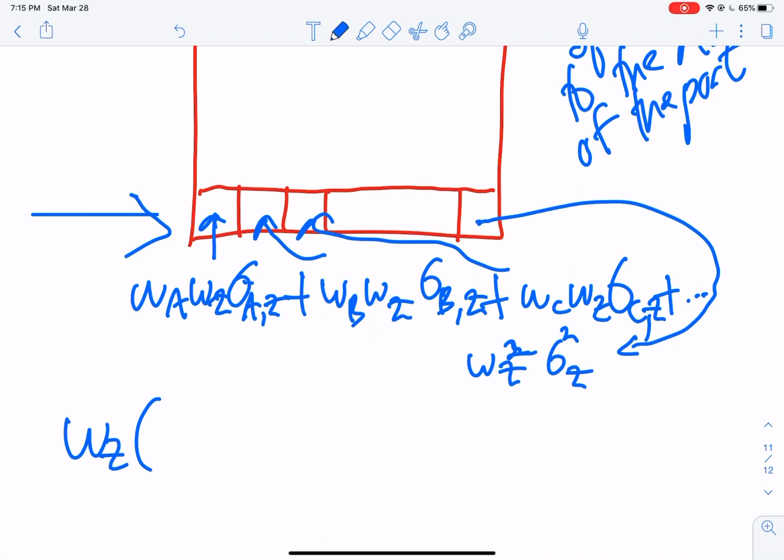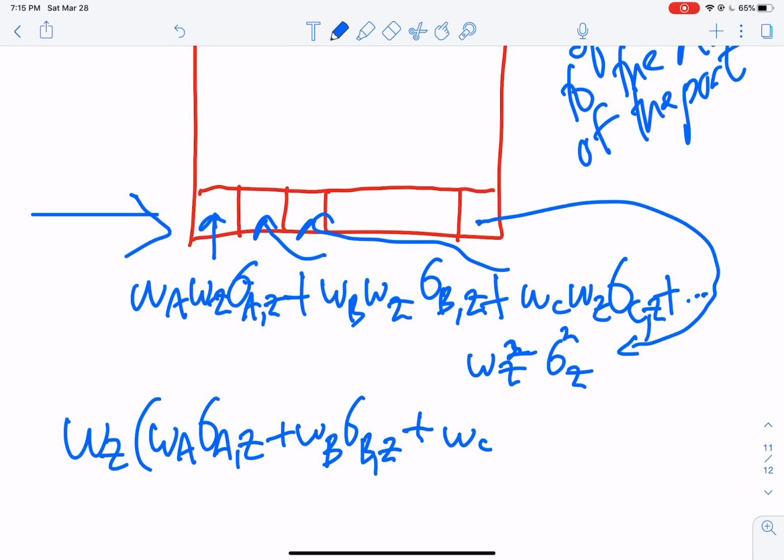And then we're left with the weight in A times the covariance of A with Z plus the weight in B times the covariance of B's returns with Z's plus the weight in C times the covariance of C and Z's returns plus dot, dot, dot plus the weight in Z times the variance of the returns of Z.